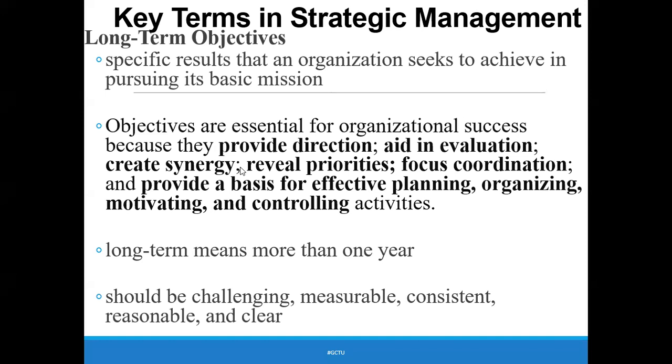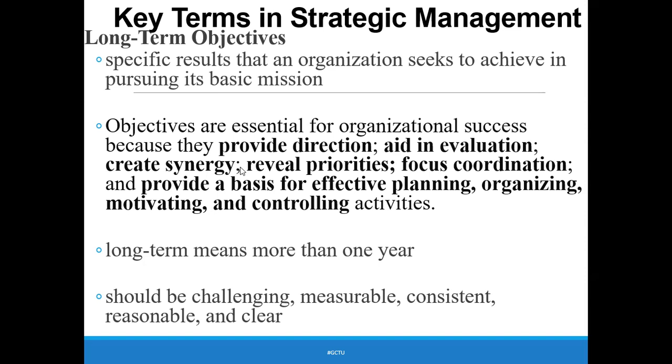So these objectives are said to be essential for an organization to succeed because they provide the direction that needs to be pursued by the organization, and they also provide the benchmark that can be used in evaluating the success or failure of an organizational performance.